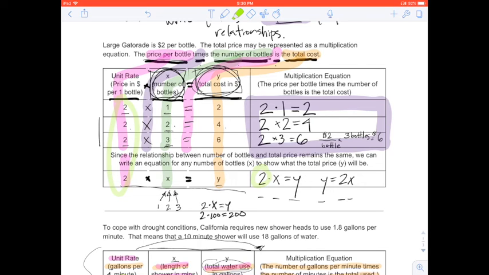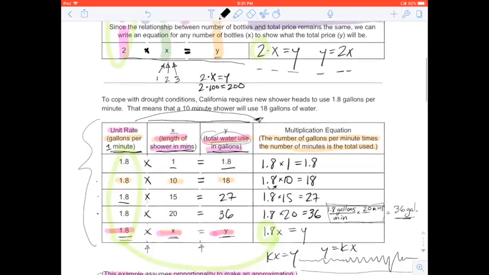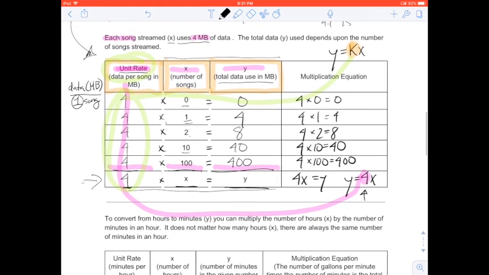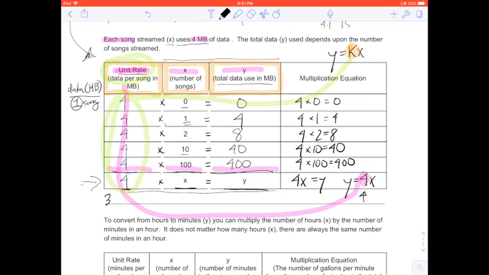So keep in mind, though, that that is for a unit. So if our situation had been instead that 3 songs use 12 megabytes of data, if we hadn't been given a unit rate, the rate for 1 song, but for 3 songs, we can't just say y is equal to 12x, because this is not our unit rate.